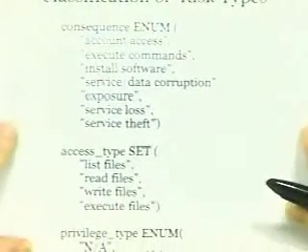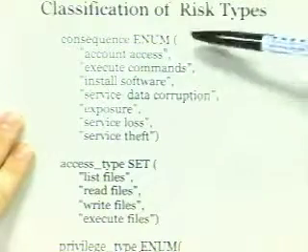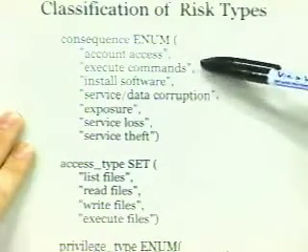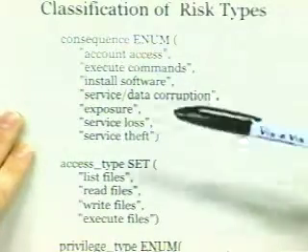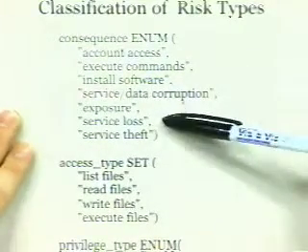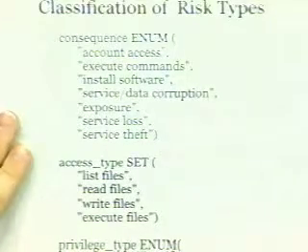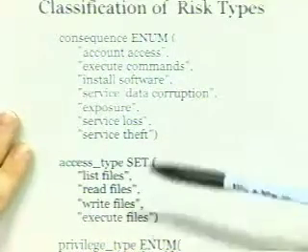So this is the rest of the classification of risk types. There's a consequence, for example, exposure, that is, you're leaking information to an enemy, or service loss, that would be a denial of service, or service theft.